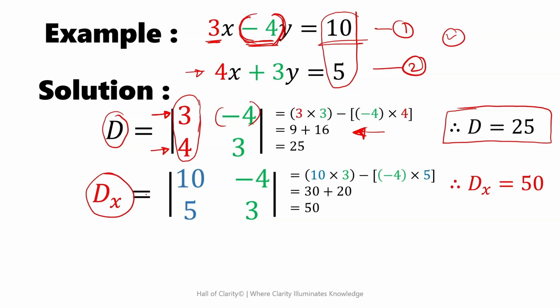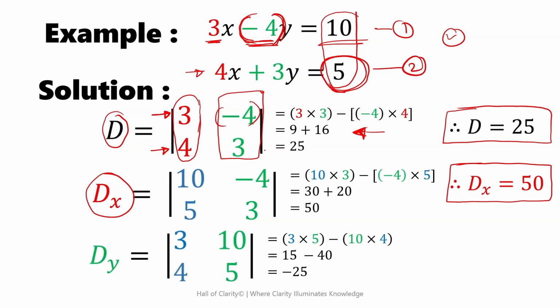We write it over here in the first row and first column. Similarly, we write the constant term of the second equation in the second row and first column. Then we write the column of coefficients of y as it is.